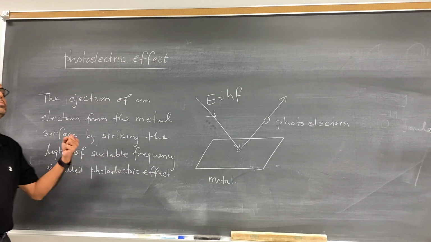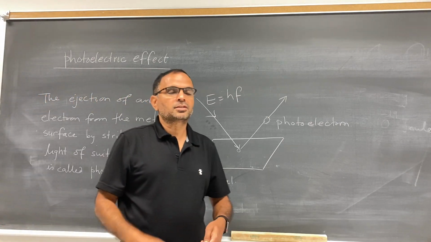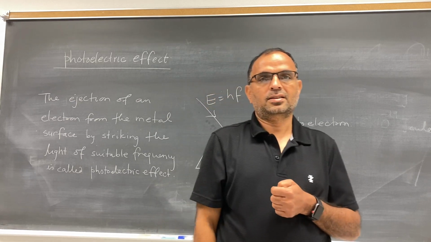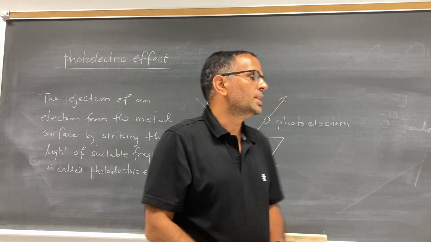So simply, knock out the electron from the metal surface by shining the light. That is the photoelectric effect.